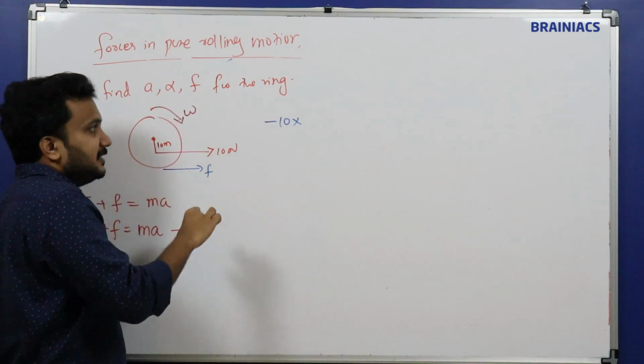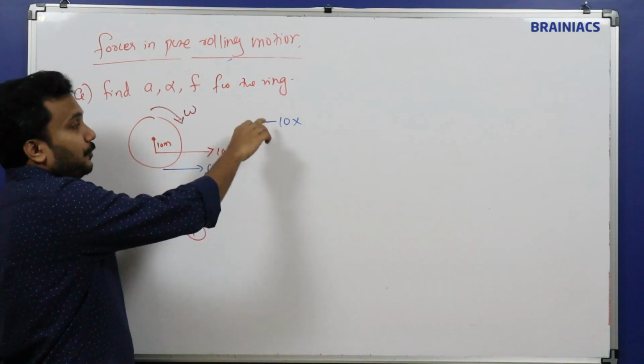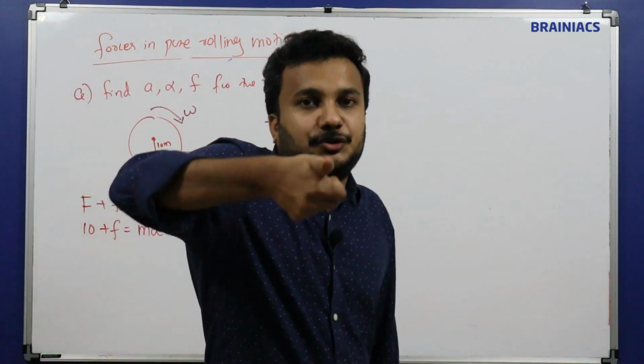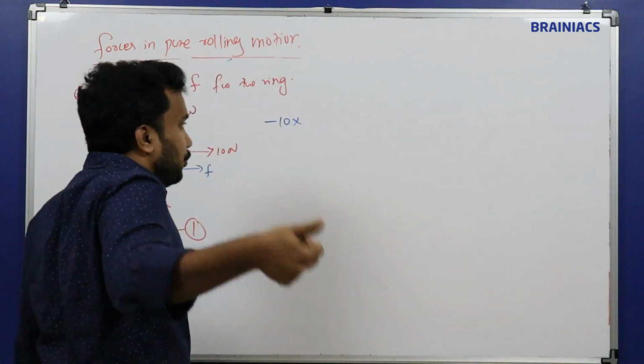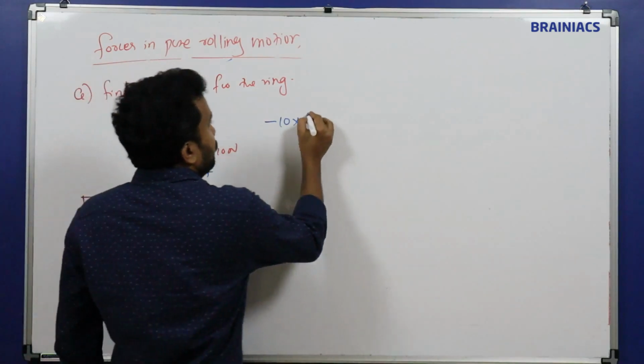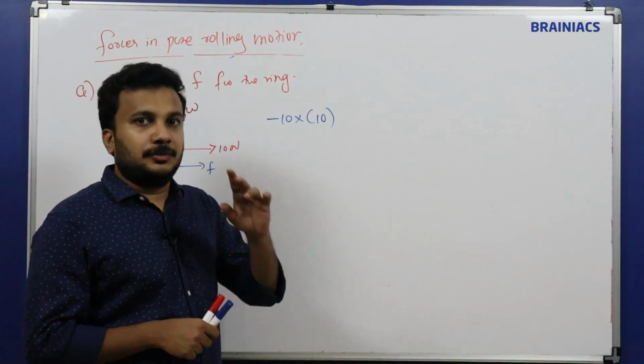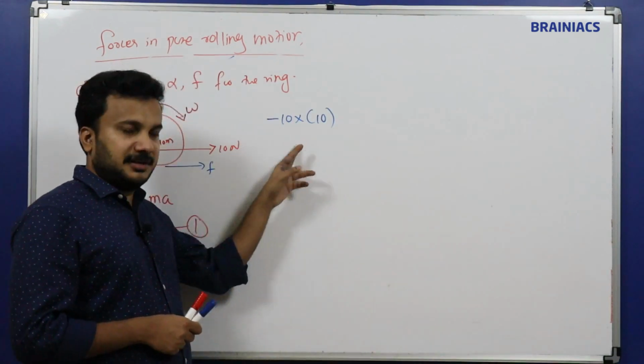From the center it is 10 meters. So force into the perpendicular distance, R cross F, the thumb is pointing out towards you, so minus, into 10. Okay, so now you got how we got minus 10.